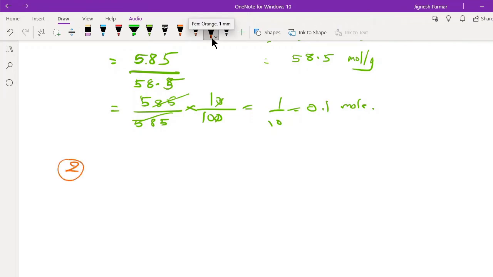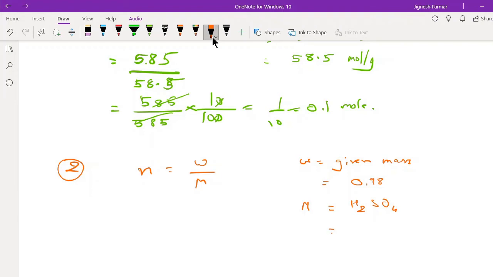Second one is H2SO4. As usual, write down the formula. w is equal to the given mass. What is the given mass? The given mass is 0.98. Molar mass of H2SO4: yesterday we have studied this. 2 times hydrogen plus 1 time sulfur plus 4 times oxygen.